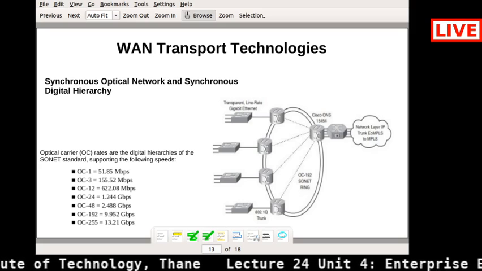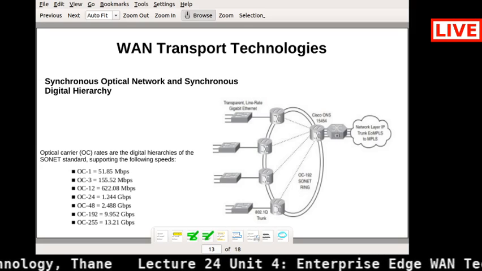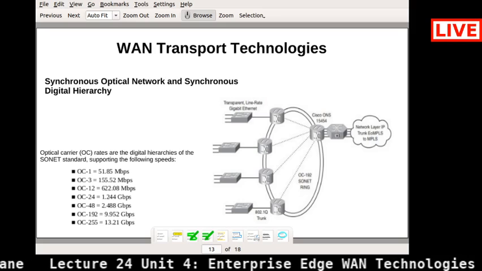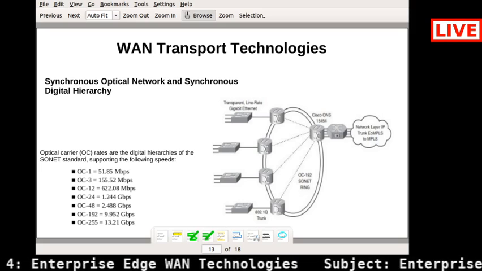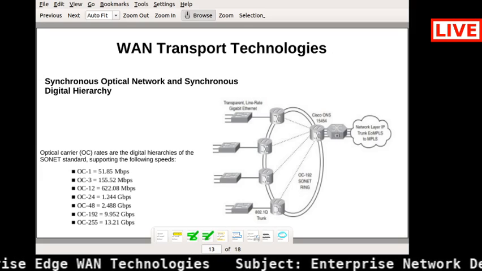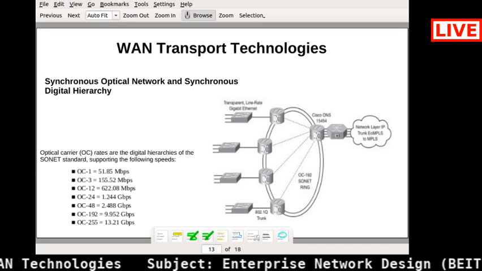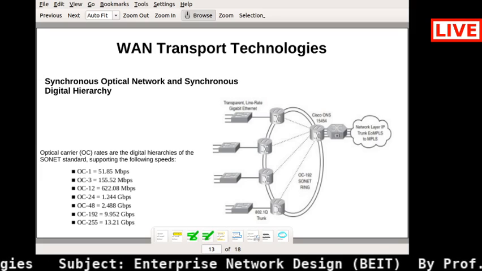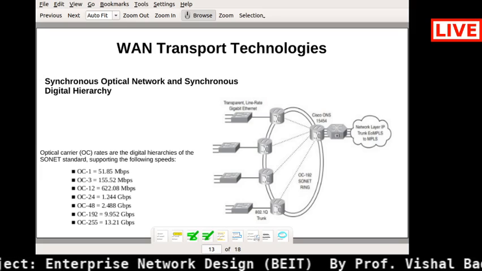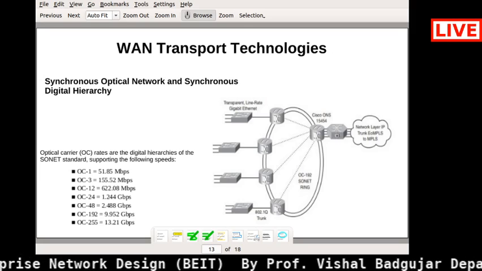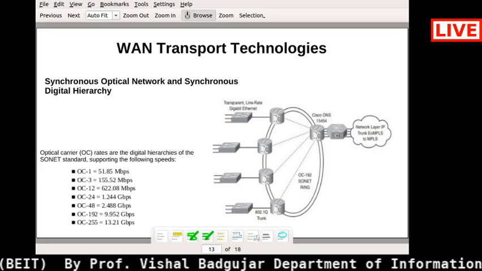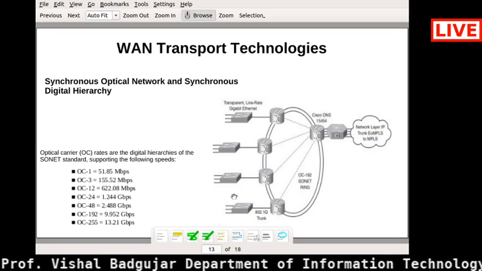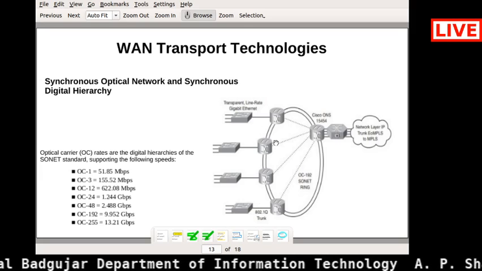So for a single SONET or a single SDH, this particular network element does not lead to failure of the network, because it has a ring kind of structure, which sends all the IP packets directly over the SONET frames. So these are the SONET or SDH rings which we are going to see in this particular diagram.